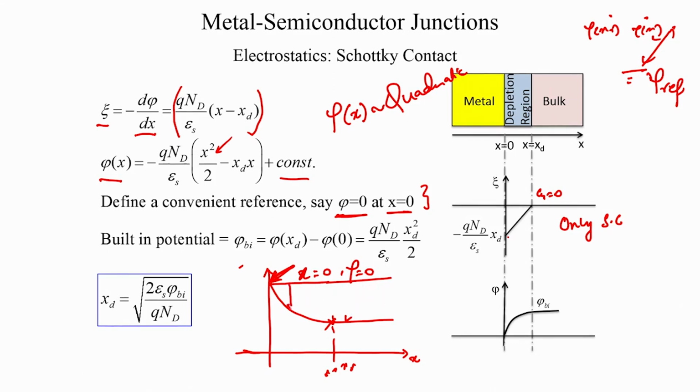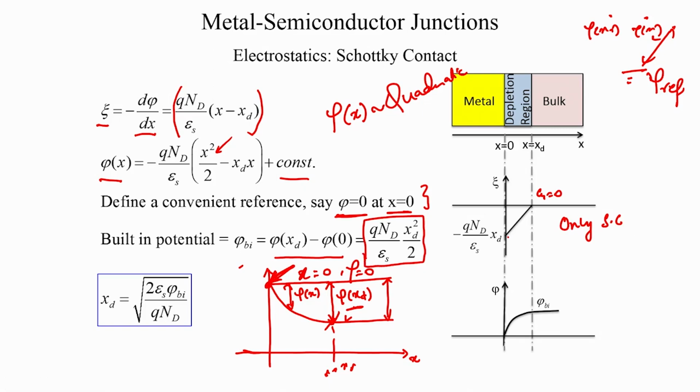That is my phi of x, and x keeps increasing, and at this point we have phi of xd, and beyond this the potential remains the same. So phi of xd minus this reference potential is given by this term here.